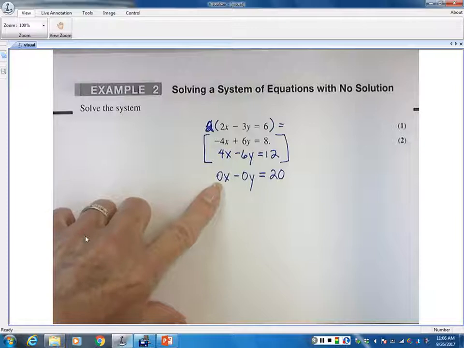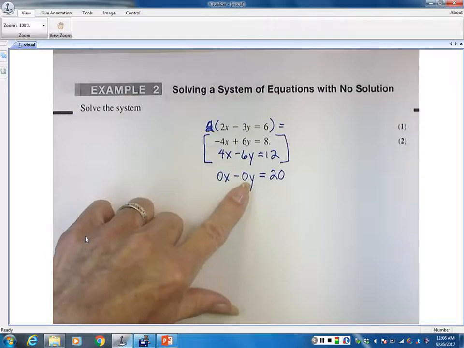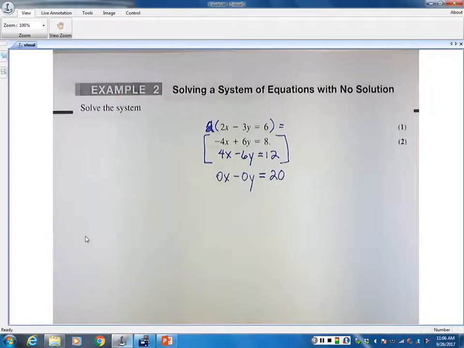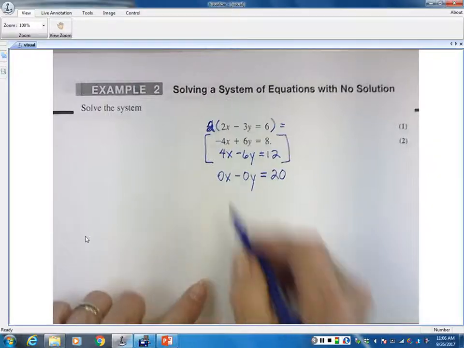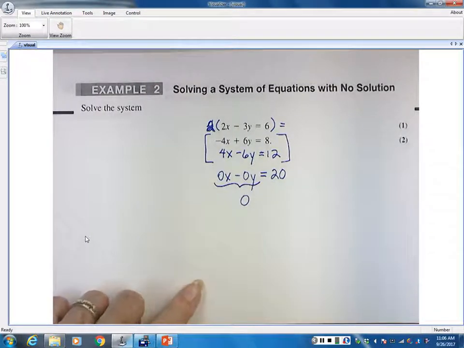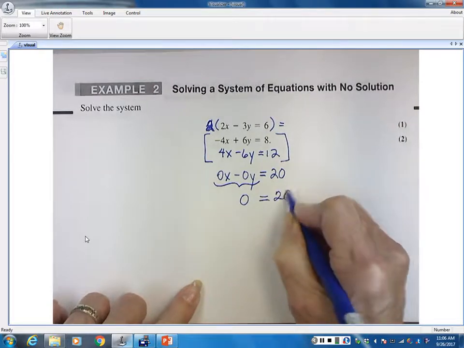What happens when I multiply x by 0, regardless of what x is? It killed it. What about the y's? They disappeared too, right? So if you got 0 x's and 0 y's on the left-hand side of your equation, you got nothing. But is it true that 0 equals 20?